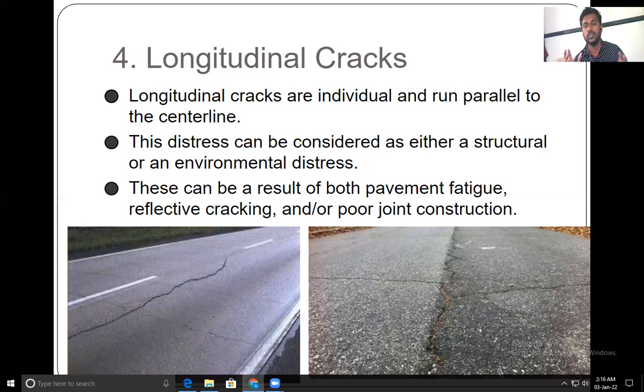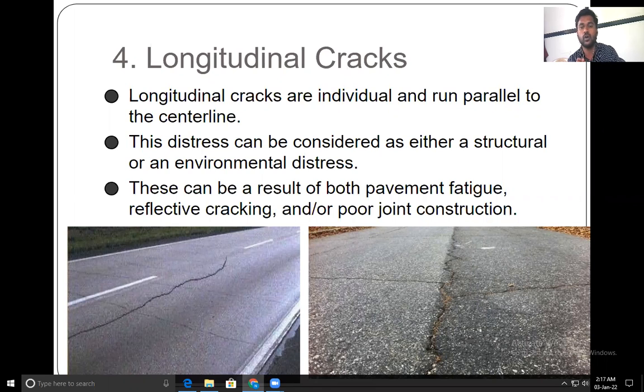It may be due to a structural defect, or due to environmental action, due to heavy load, or due to not providing proper thickness of the surface layer, or proper binding of the layers. So the camber or center line particles will get separated from each other. That may be the reason for the formation of longitudinal cracks.